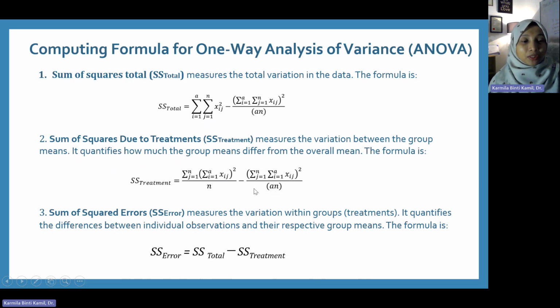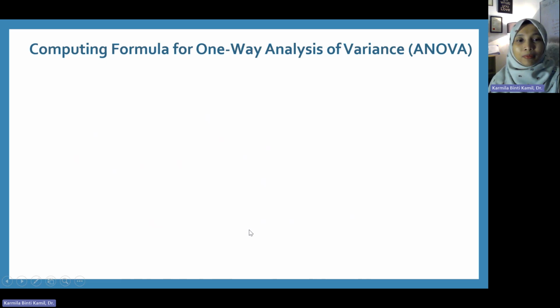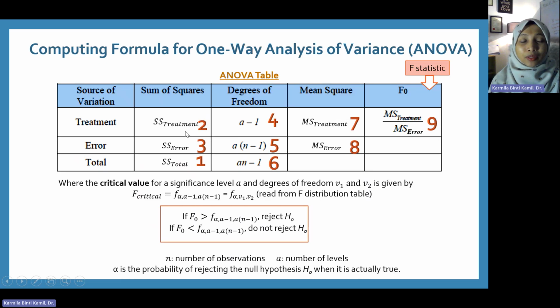Number 3, sum of squared errors, SS error. How to find SS error? Now it's easy. What you need to do is just take your SS total, the sum of squares total, minus SS treatment, so you will get SS error. Once you get these three, you will complete the second column.